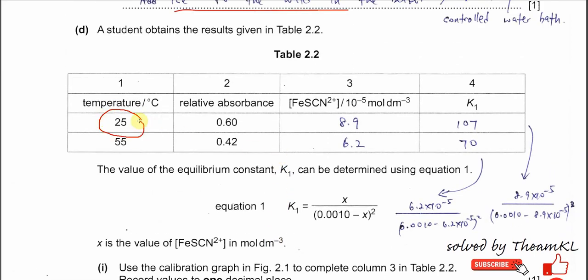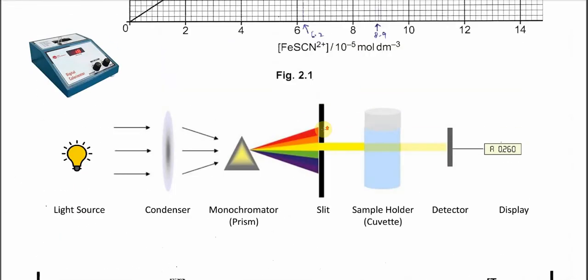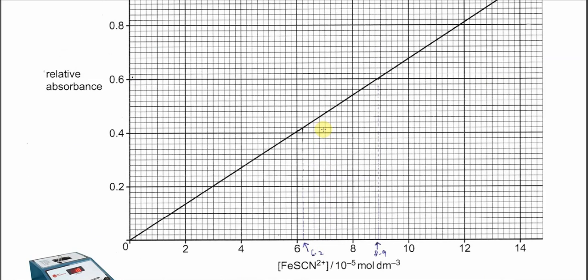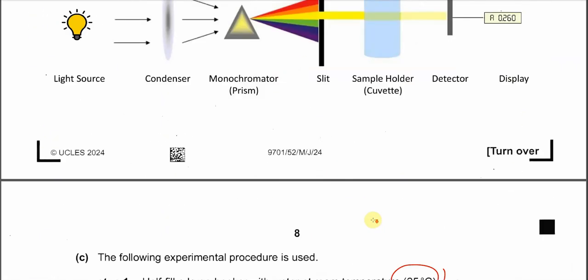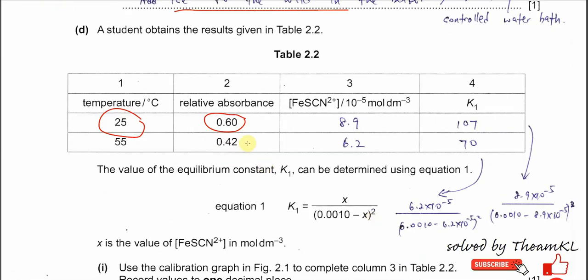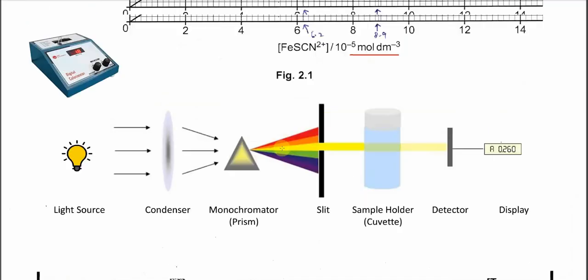At 25 degrees C, the relative absorbance is 0.6. So from here, 0.6, we can get this one, and another one is absorbance 0.42. So 0.42 is here.